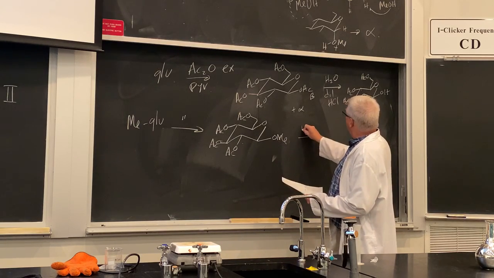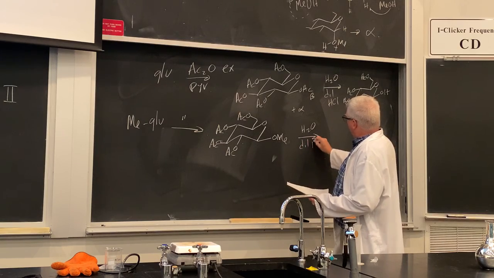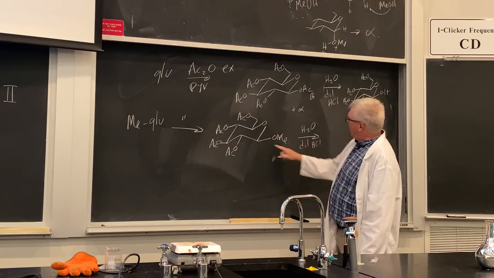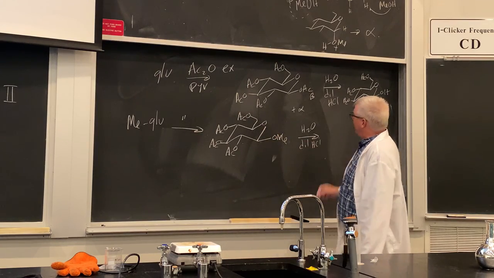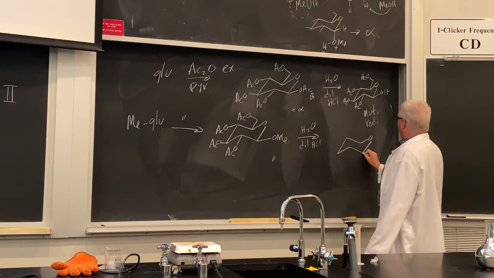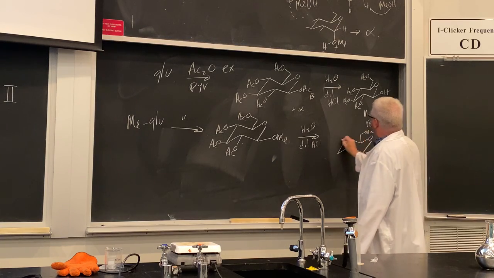And then you can also take the same thing with water, well, dilute HCl. And just like before, this is the labile position under what? Acidic conditions. And you can get that to come off, and the acetates will still be on there. So what do we have? The acetate there and there.